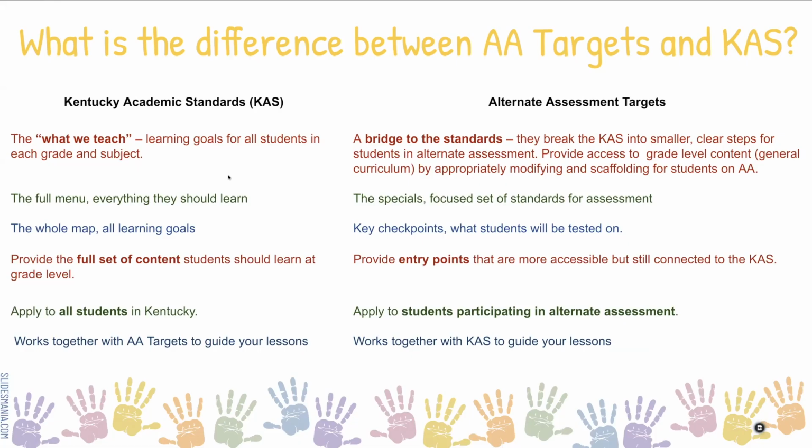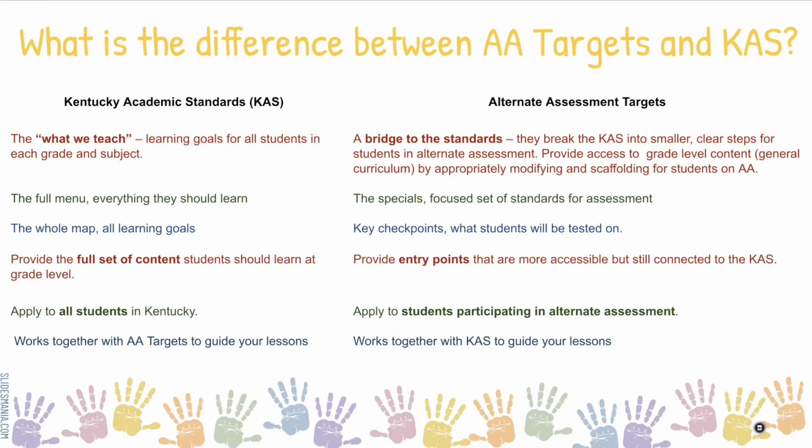It's our learning goals for all students. And so the alternate assessment target is a bridge to those standards. Your target breaks down the Kentucky academic standard into smaller steps for the students in alternate assessment and provides access to that grade level content. So this shows you how you can modify and scaffold for the students.